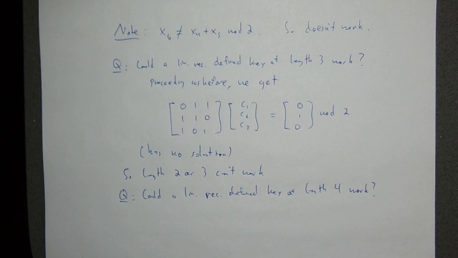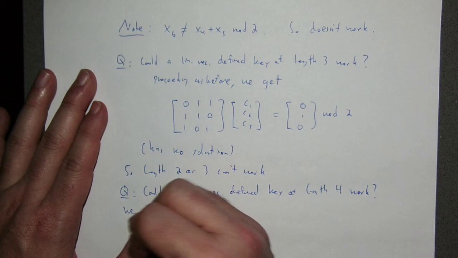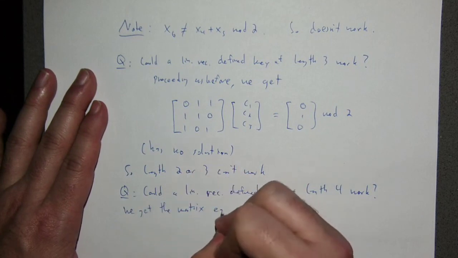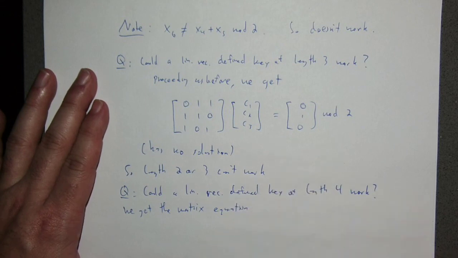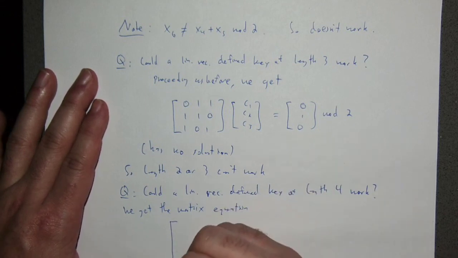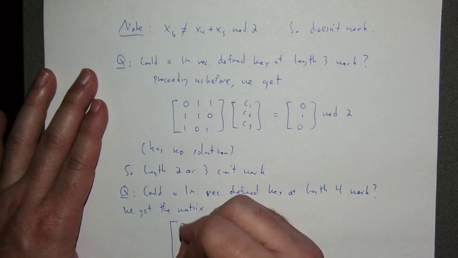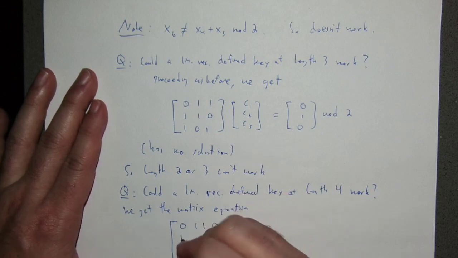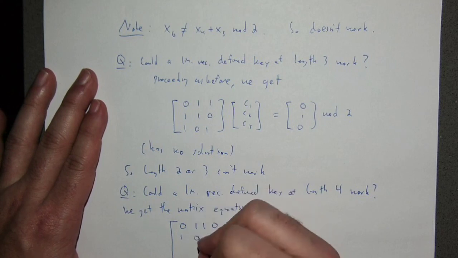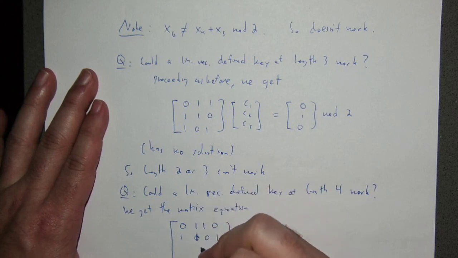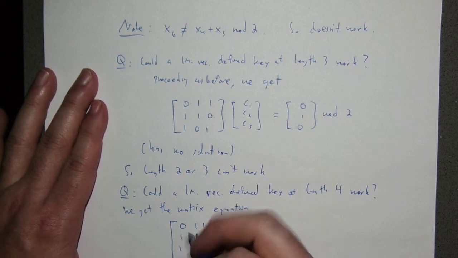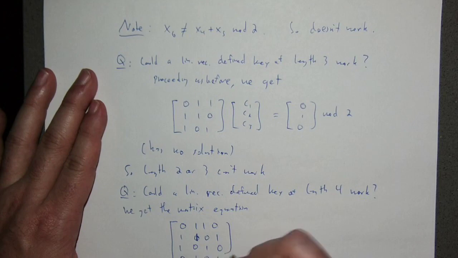Okay. So we get the matrix equation. The matrix equation we get is 4 by 4 this time. So 0, 1, 1, 0, 1, 0, 1, 1, 0, 1, 1, 0, 1, 0, and 0, 1, 0, 1.